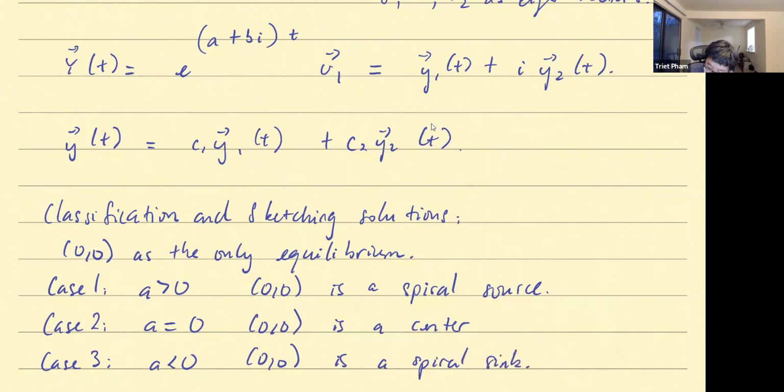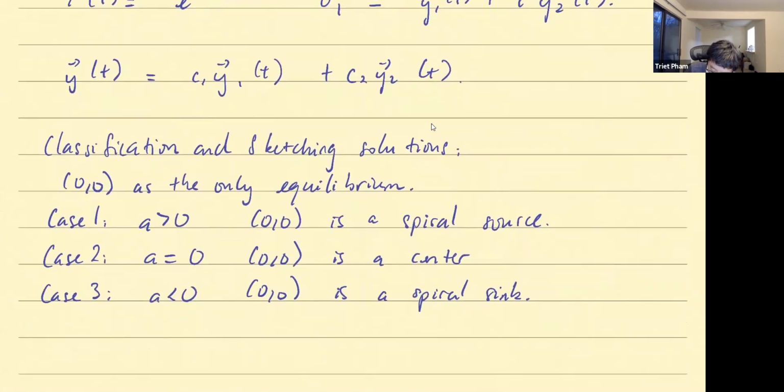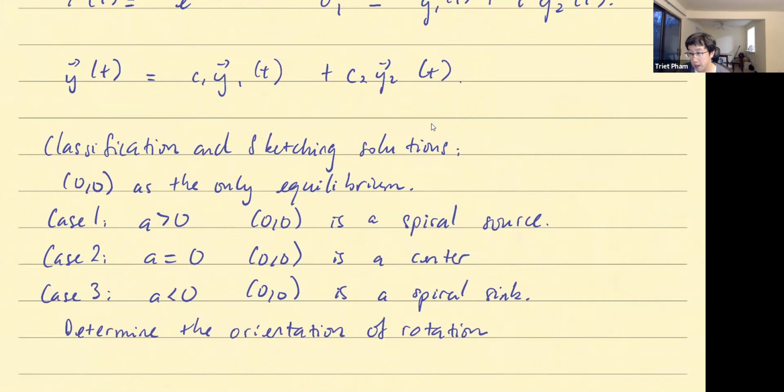In all of these cases, we determine the orientation of rotation, clockwise or counterclockwise, by a test on the vector field.